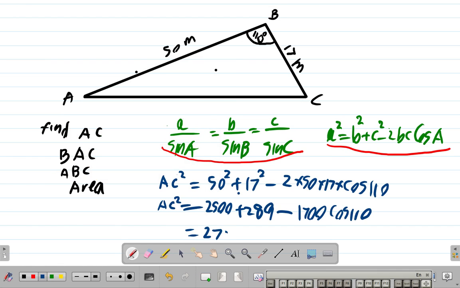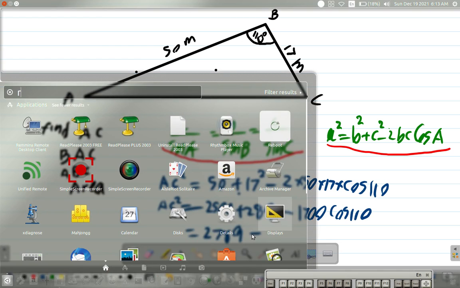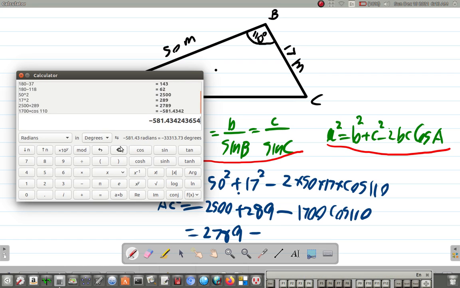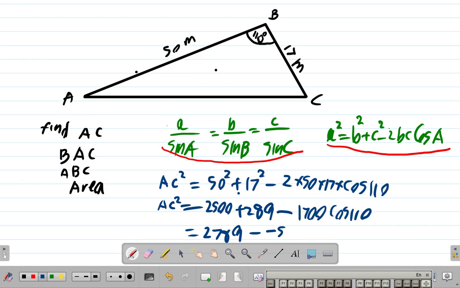So we have 2789 minus 1700 times the cosine of 110 degrees, which equals negative 581.43. So it's minus negative 581, which is the same thing as 2789 plus 581, right?